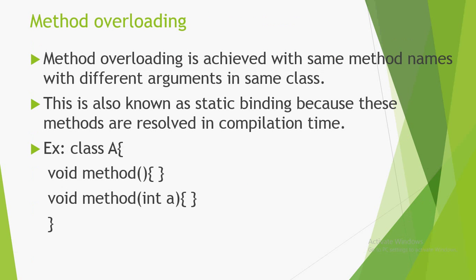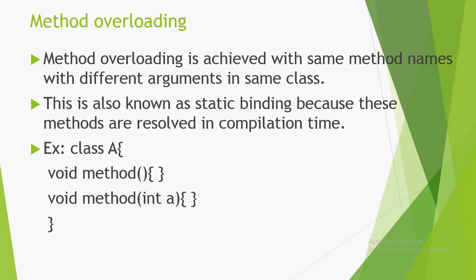And now we will see method overloading. It is also known as static binding because those methods are resolved at compilation time rather than at runtime. Method overloading is achieved with the same method name and different arguments in the same class. See this example. Here we have class A. In that class A we have two methods with the same name but different arguments.